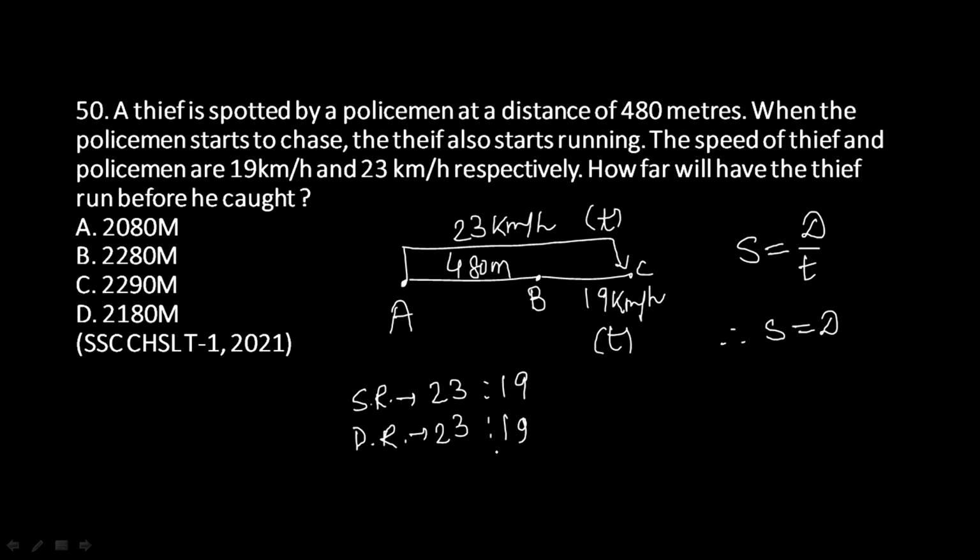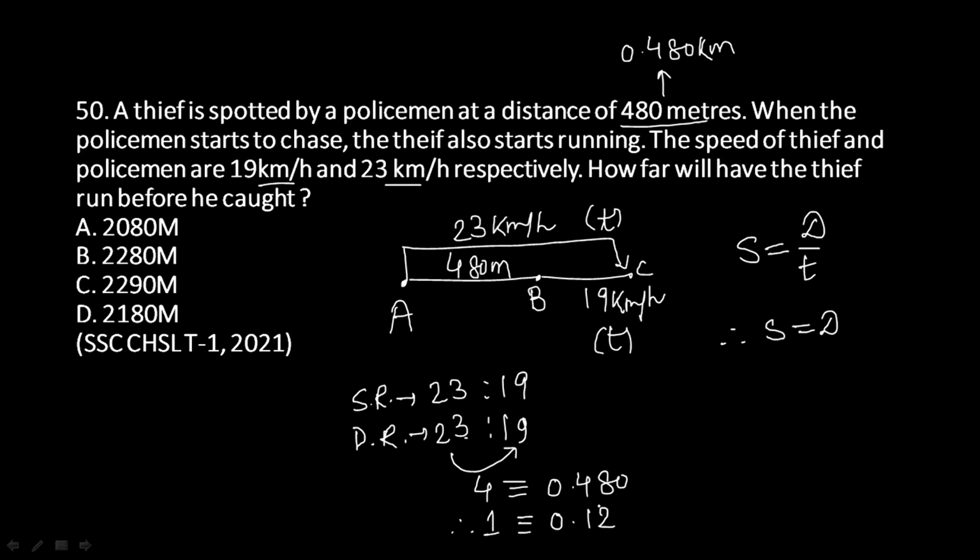So what's the distance between these two? This is 4. This 4 is in km, since 23 and 19 are in km per hour, but this is 480 meter. 480 meter means 0.480 kilometer. So this 4 resembles 0.480, right?